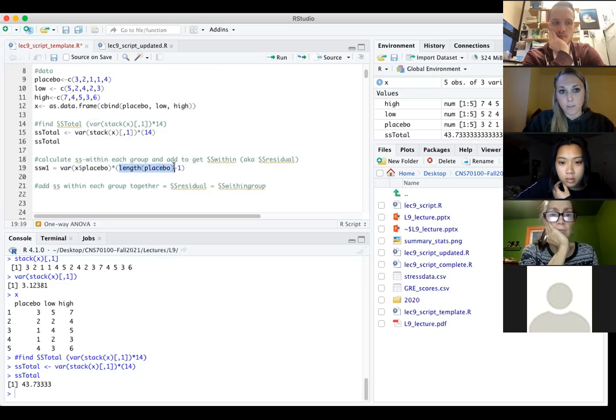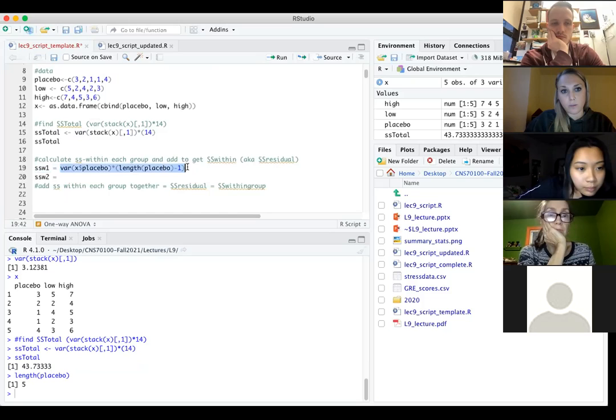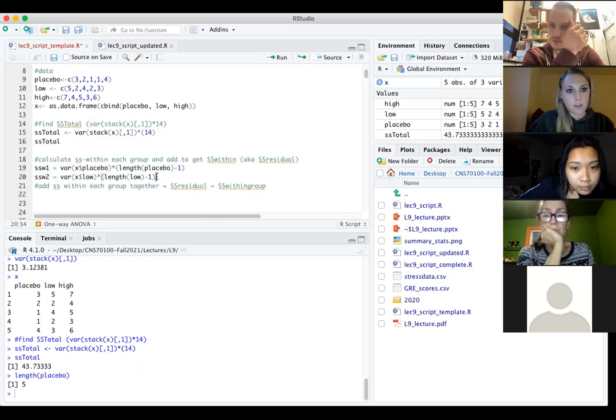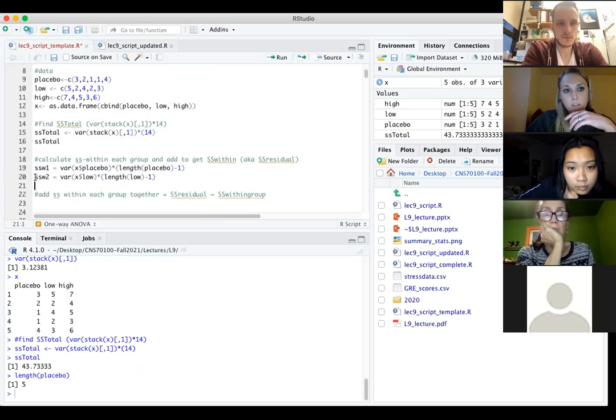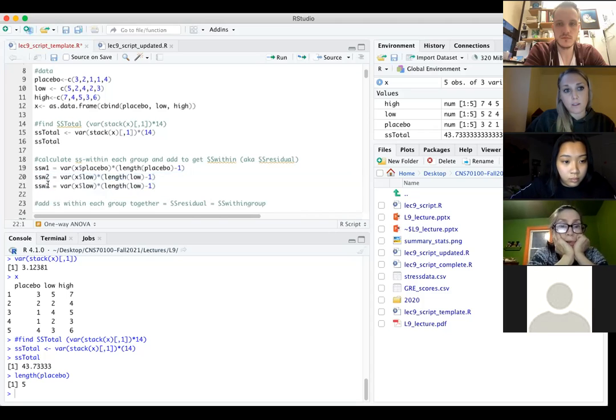So notice length of placebo minus 1, right? Because this is the exact same thing we did right here, but now we're just doing it for the placebo group. Then I could do it again for the low drug group, except now I'm going to change this to low, change this to low. And make sure you change this to SSW 2, or sums of squares within 2. And then we'll do it one more time for the third one.